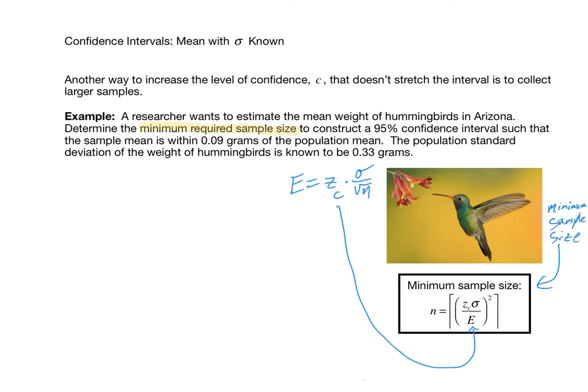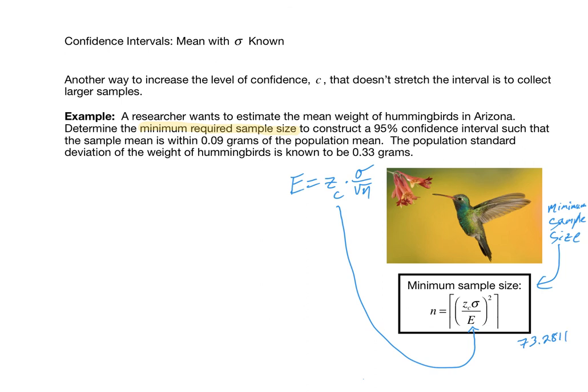And there's a piece of notation here that you may not be familiar with. This is not just a set of brackets right here. Notice that there's a little line at the top. This is called the ceiling function. What the ceiling function does is it gives you the smallest integer greater than or equal to your number. The reason we do this is because when you compute this, you might come up with n is 73.2811. So let's pretend that's what we came up with.